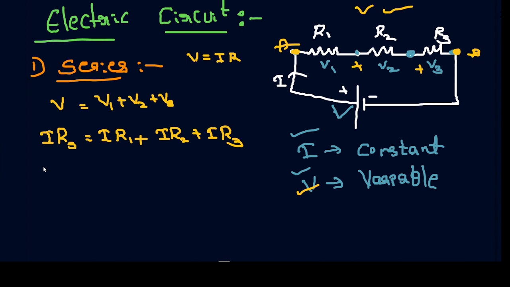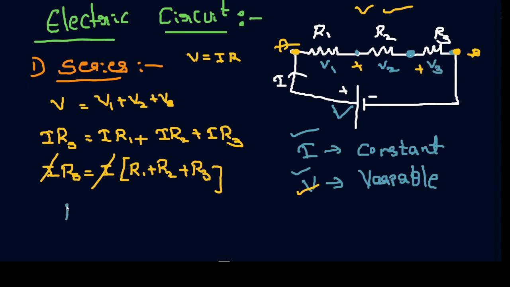Now if I take I common from all these terms on the RHS, then I am left with R1 plus R2 plus R3, right? So here I from RHS and I from LHS got cancelled. Then I am left with the resultant resistance equal to R1 plus R2 plus R3.